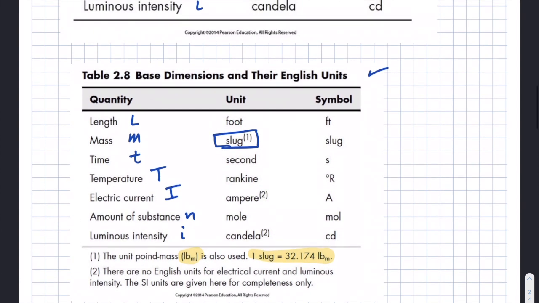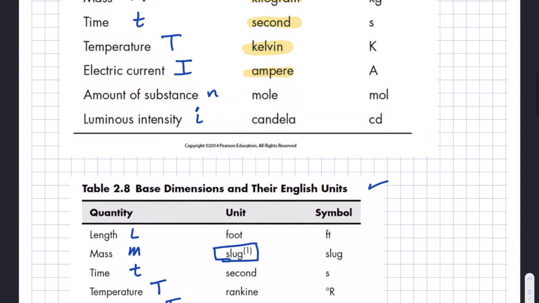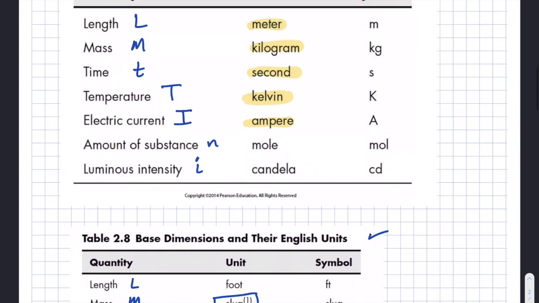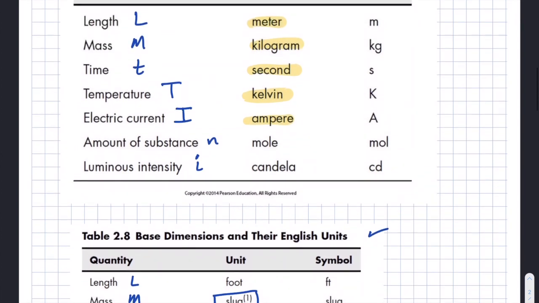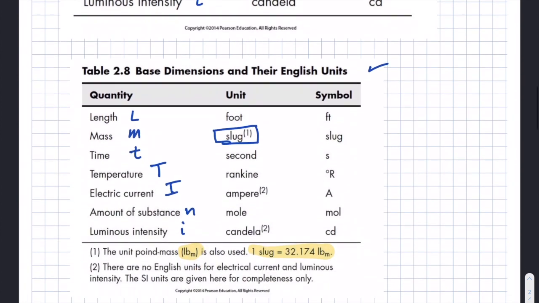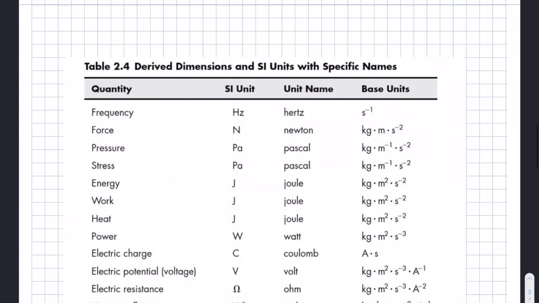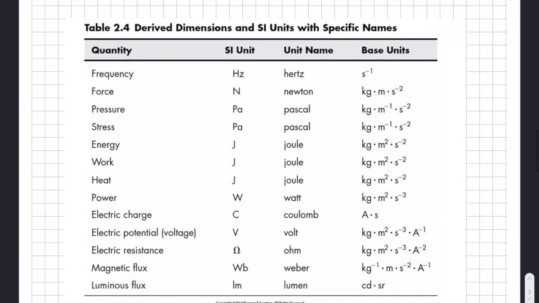Okay, so base dimensions. Everything else is derived from these base dimensions. Okay, so you get to a table here, and they talk about different derived dimensions. For example, let's pull one out from the SI units. Okay, force. Force is measured in newtons.